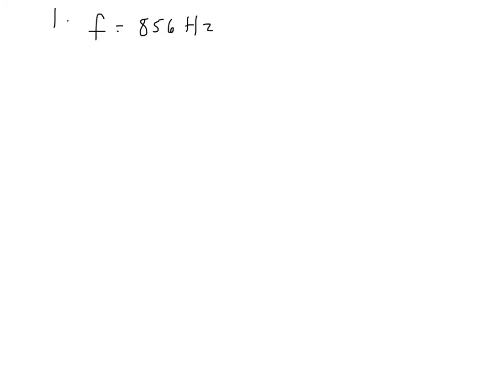We know the velocity of waves in the string is 511 meters per second. And it says fundamental frequency, and when we see fundamental frequency, we know that n equals 1. So the equation we're going to use is F equals NV over 2L, and we're looking for L here.